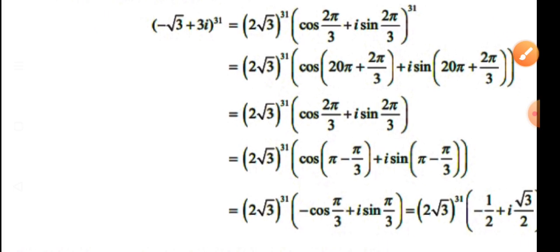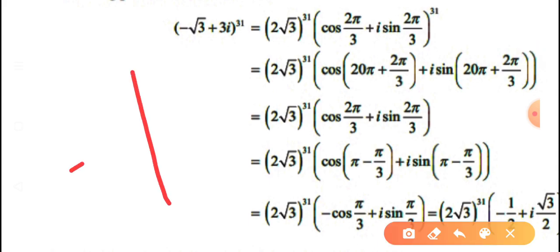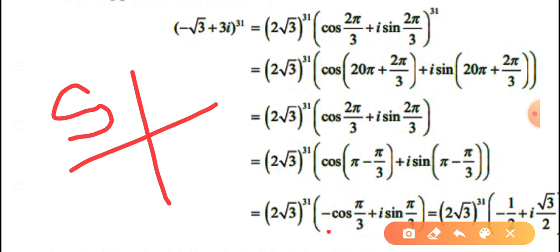Pi minus theta, this is the second quadrant. So we write second quadrant: all students take centum. Here in the second quadrant, sin gets only positive sign, but cos theta gets negative sign only.